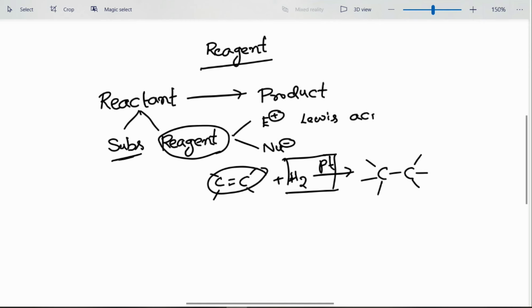Electrophilic reagents are also called Lewis acids, whereas nucleophilic reagents are considered Lewis bases. So electrophilic reagent is also called Lewis acid, whereas nucleophilic reagent is called Lewis base.